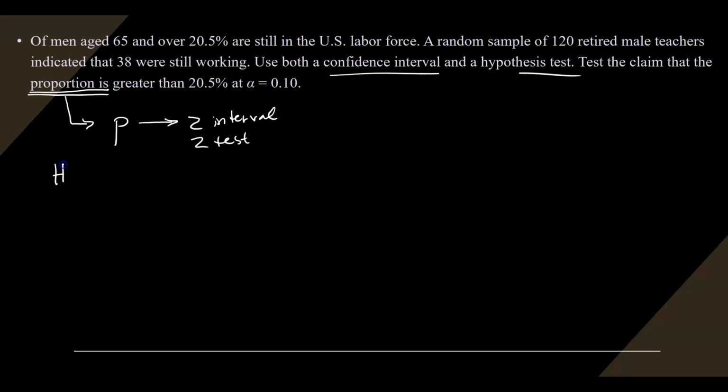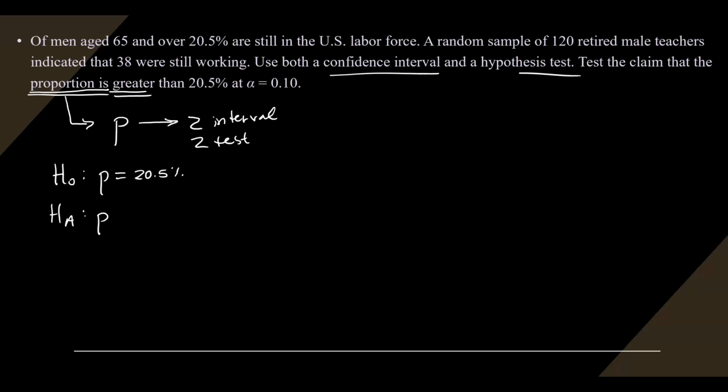All right, so hopefully you did that. My null is p is 20.5%, and then the alternative seems to be that it is greater. That's my claim. Now, p and not p-hat, be careful. p-hat is not a parameter; that's a statistic.